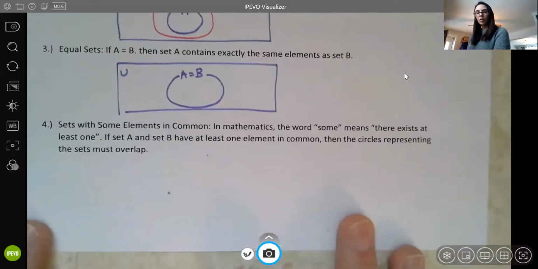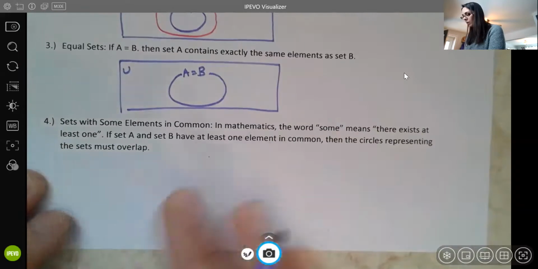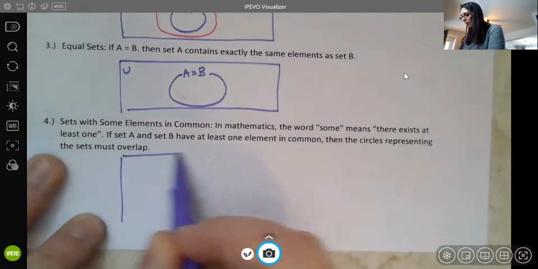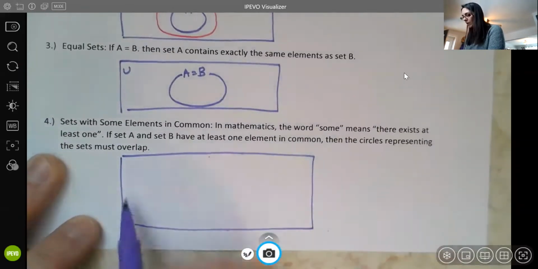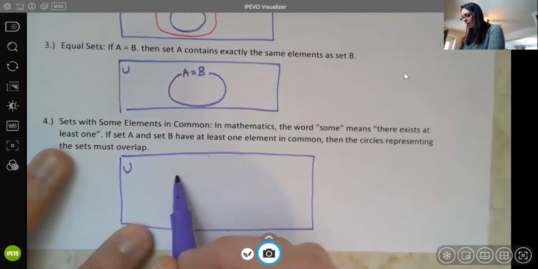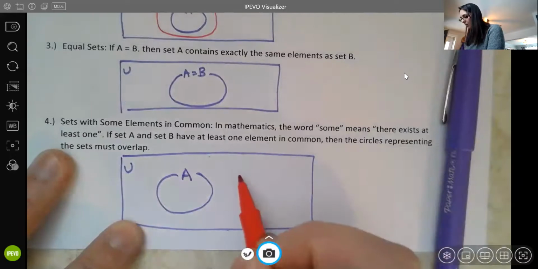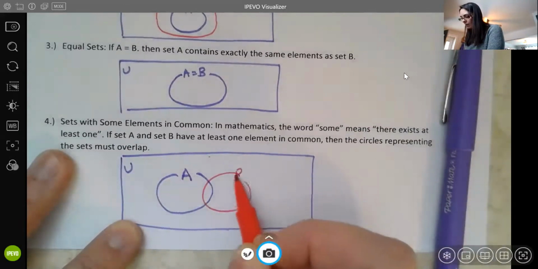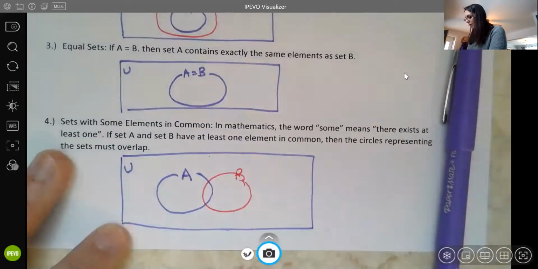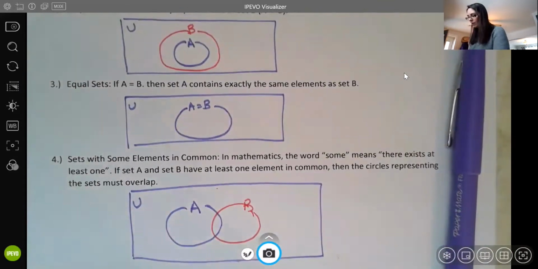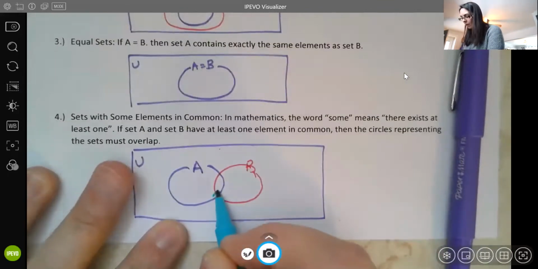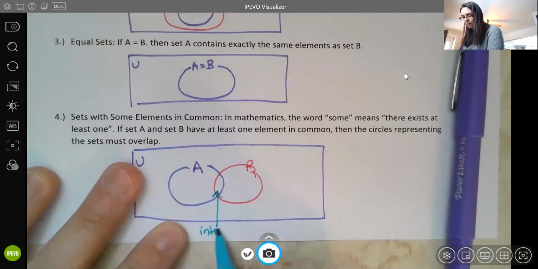And then the last one, which is probably the most common and what we're used to, is when you have some overlap. So here's our universal set. Here's our set A. Here's our set B. And then what's happening is you have this overlap or intersection in the middle.